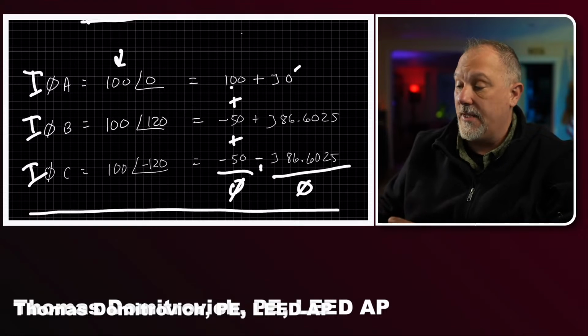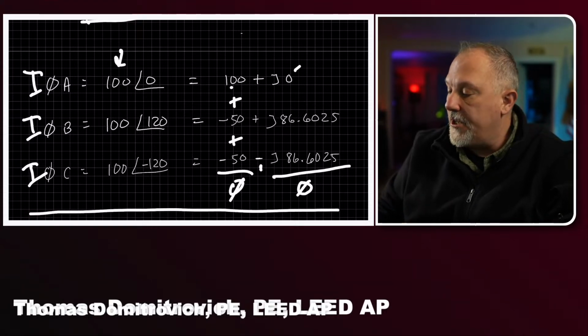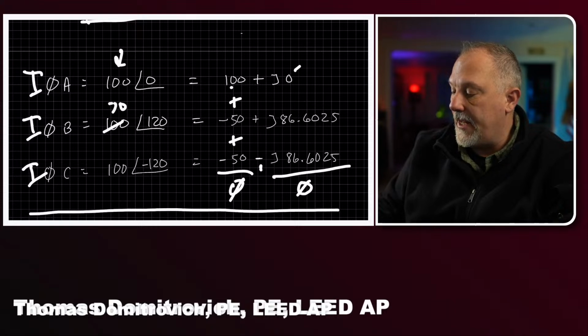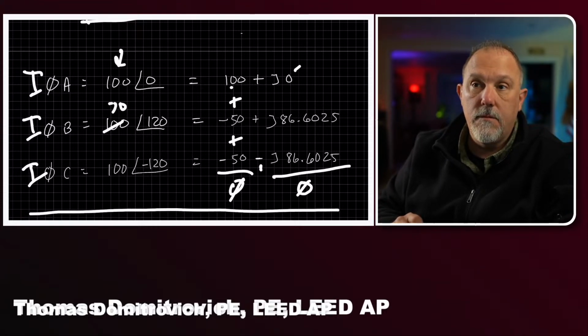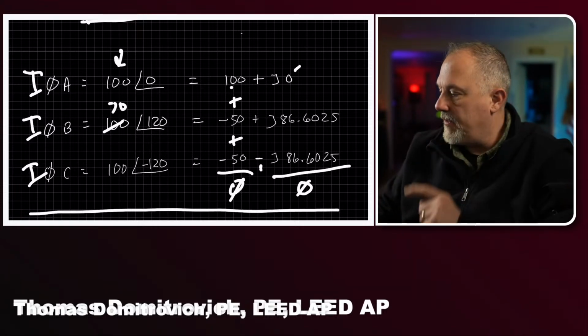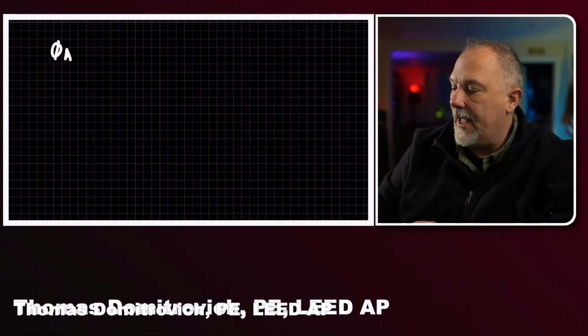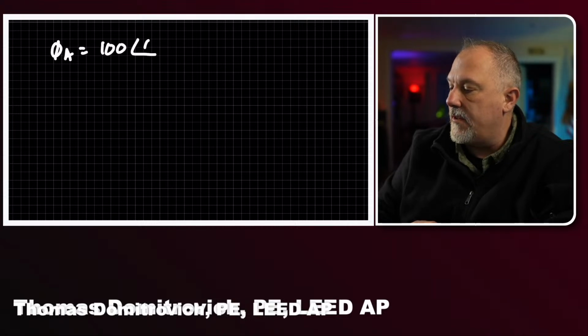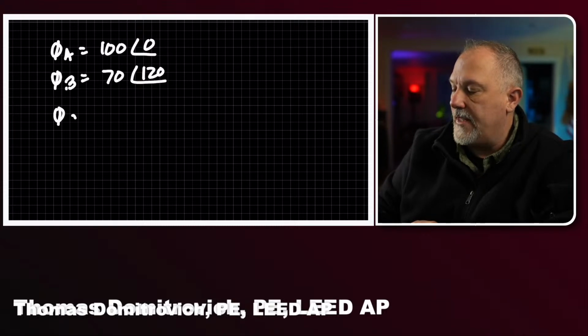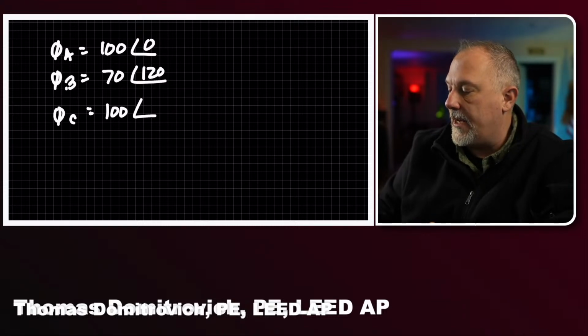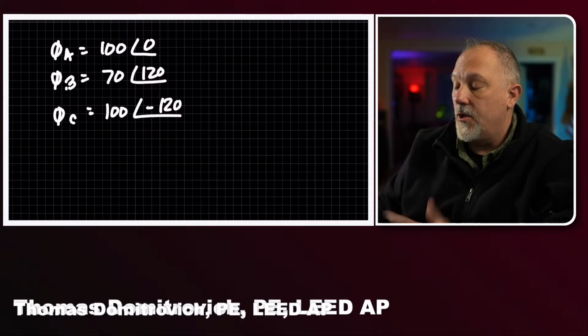Now, let's say, for example, it was 100, 70, and 100. Let's do that. Phase A is equal to 100 at an angle of 0. Phase B is 70 at an angle of 120. And phase C is 100 at an angle of minus 120. So we know how to do the math.